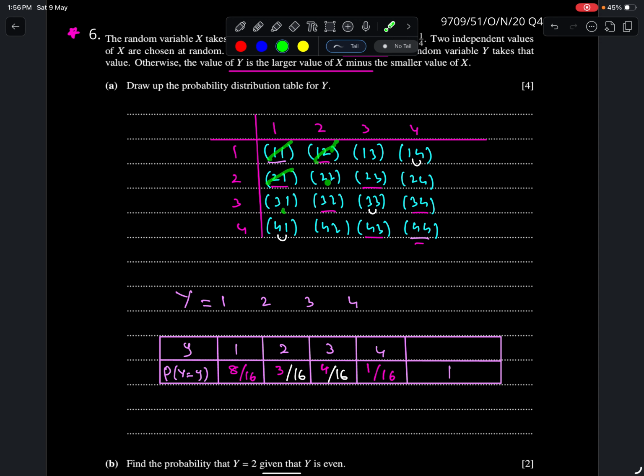All underlined numbers will give you the probability of 1. Y can take 1. This is this one and this one. Now let's count these dots. 1, 2, 3, 4, 5, 6, 7.